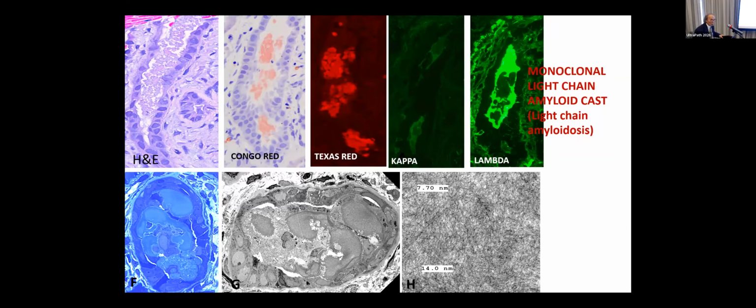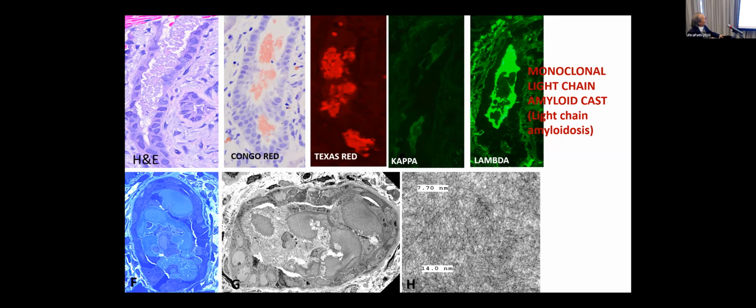Another somewhat unusual form of monoclonal cast is the monoclonal cast forming an amyloid formation. That is the typical feature. Again, it looks quite similar to the other type of cast, the myoglobin or hemoglobin. But when you do Congo red, it is strongly positive, and it is strongly enhanced by Texas red.